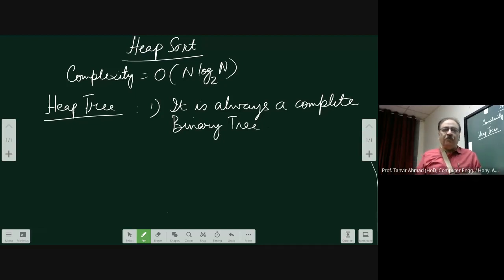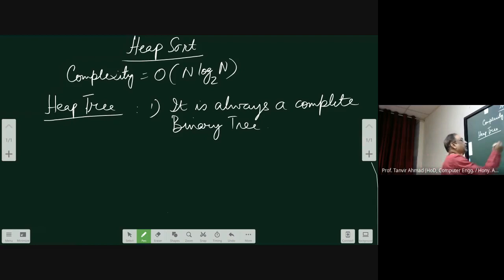That means at no point of time it will ever become a non-complete binary tree. And you know by definition, complete binary trees are those trees where except the last level, all the levels are having the maximum number of nodes. And even at the last level, the nodes must be pushed to the maximum left. Okay, that is the basic definition of a complete binary tree.